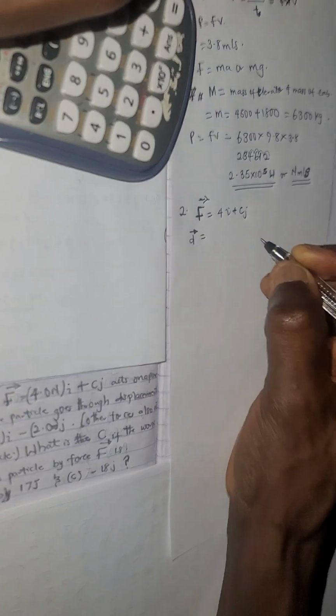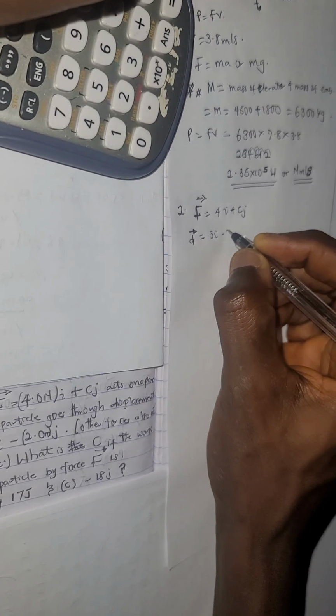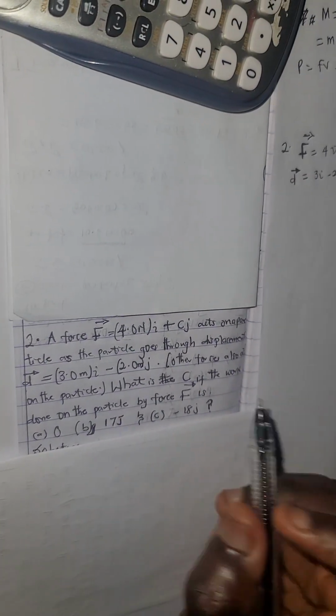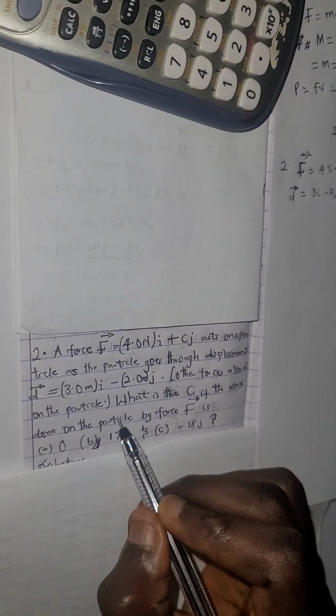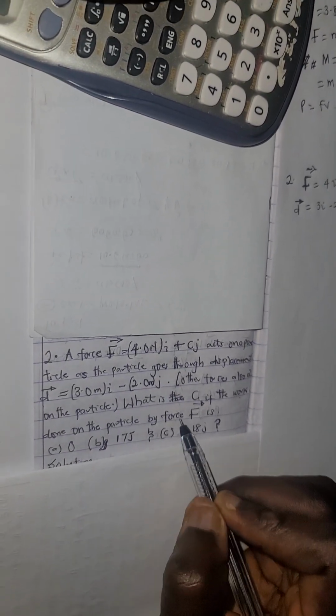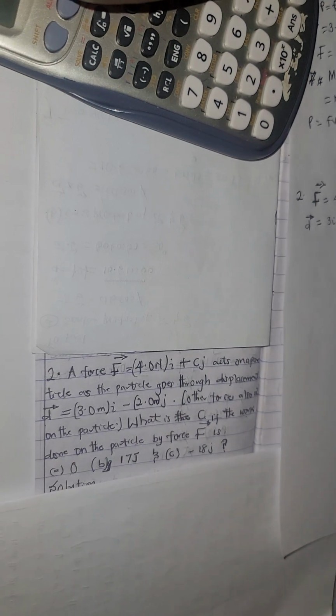The displacement d in vector form is 3i minus 2j. Other forces also act on the particle. What is C if the work done on the particle by this force is as follows?